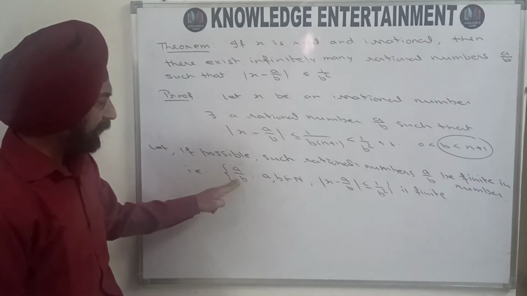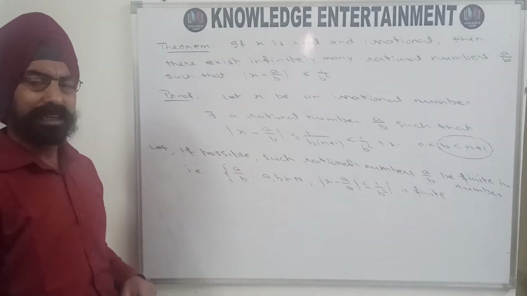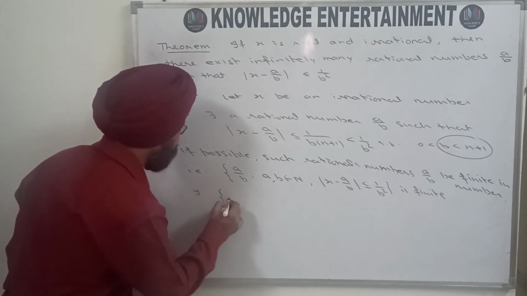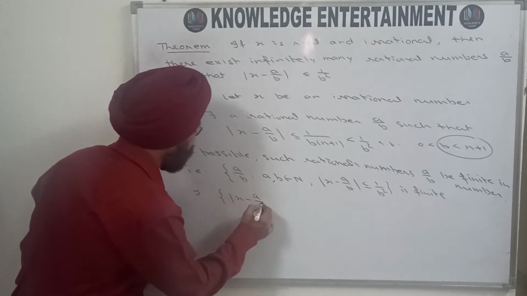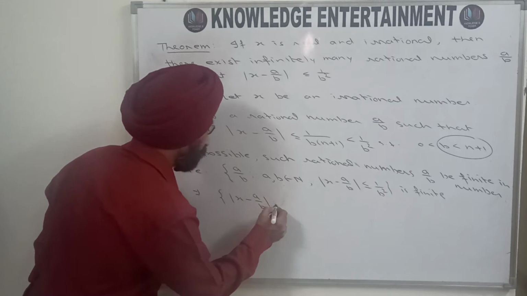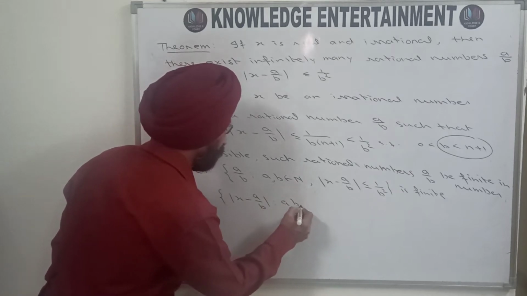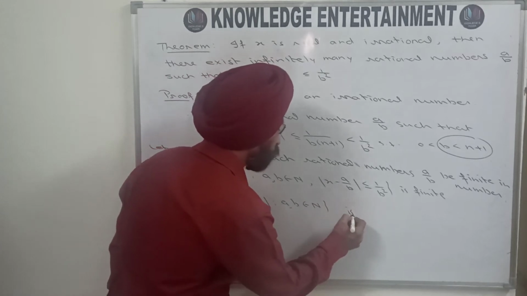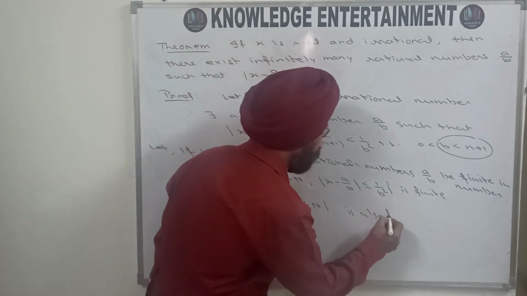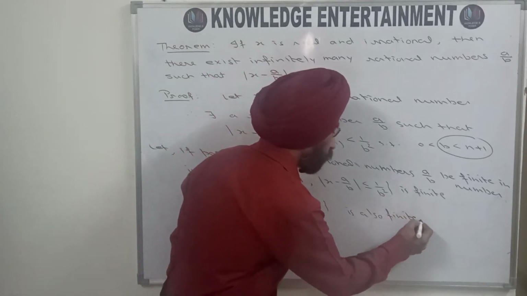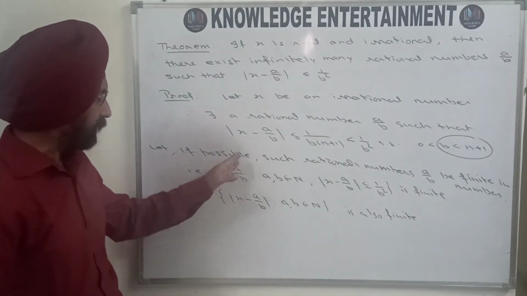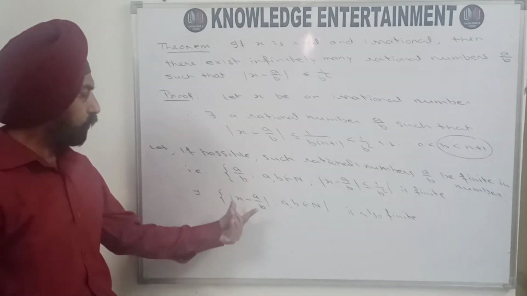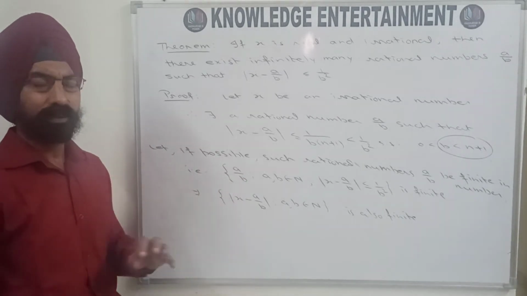And if this set of a upon b is finite, that clearly means the set of mod x minus a upon b, where a and b are natural numbers, is also finite. This is also a finite set because x is fixed and a upon b are finitely many numbers, so these numbers are also finite.